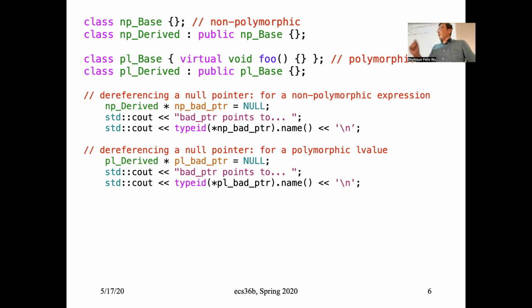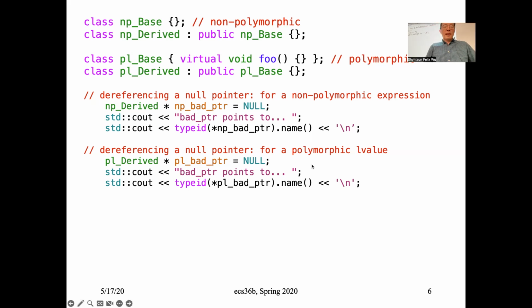All right, so there was a reason when we talk about polymorphism and typeid: this is another exception that will not cause a segmentation fault, but it causes something else. You can see over here I have a non-polymorphic null pointer, and I do typeid. I dereference a null pointer and get the name. What do I get?